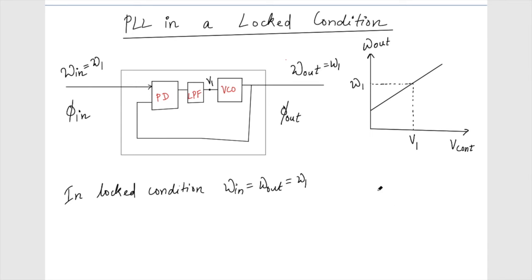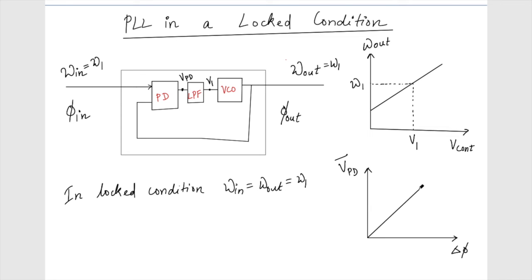Now if you see the characteristics of the phase detector as well, this is the output of the PD, and the phase difference, which is phi out minus phi in.